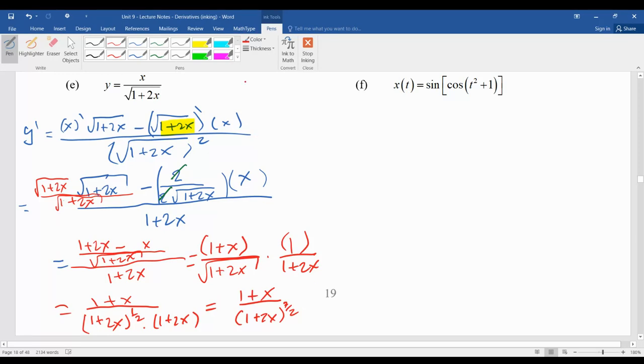The other option, I'm going to write it down over here, would be 1 plus x divided by the square root of 1 plus 2x cubed. It would be this or this one.